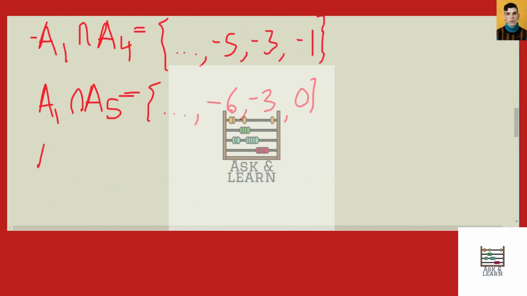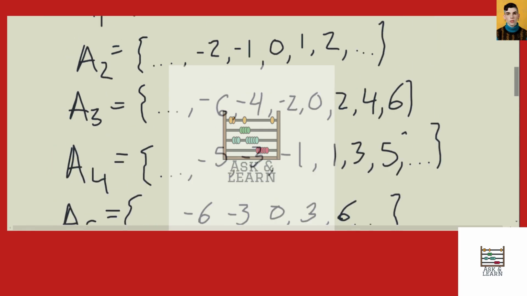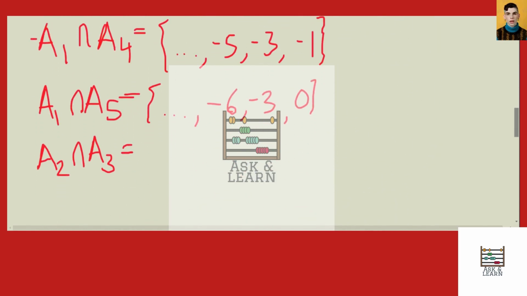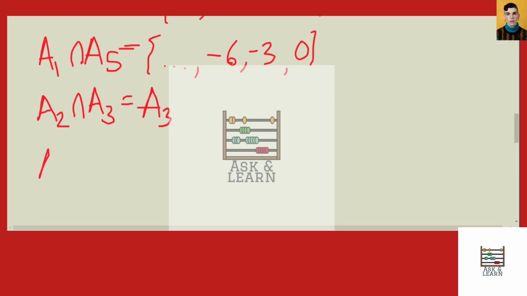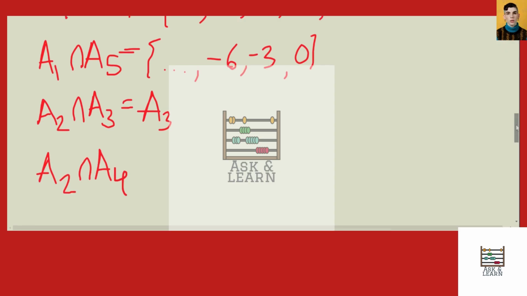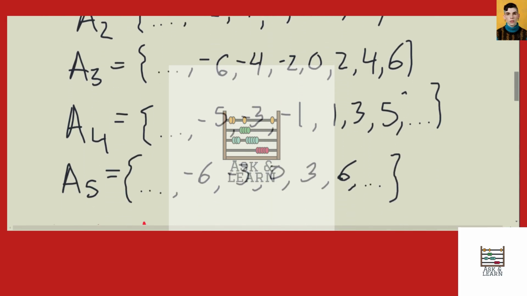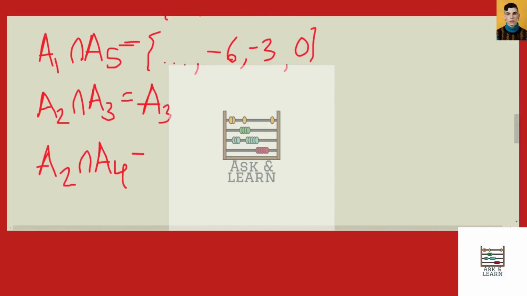We have that A2 intersect A3. This is the intersection of the integers with the even integers, which is just going to be the even integers again, so A3. We have that A2 intersect A4 is the integers intersect with the odd integers, which is again just the odd integers.